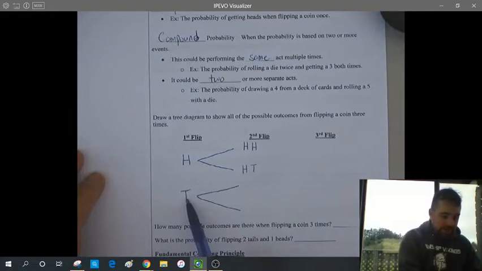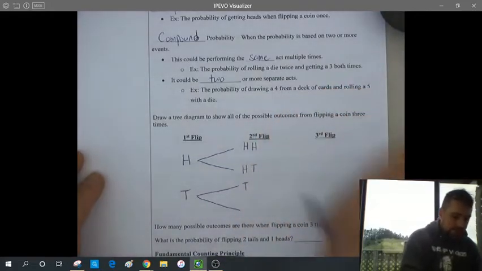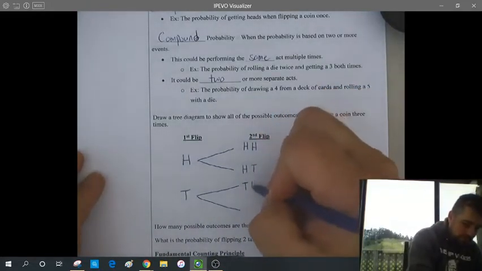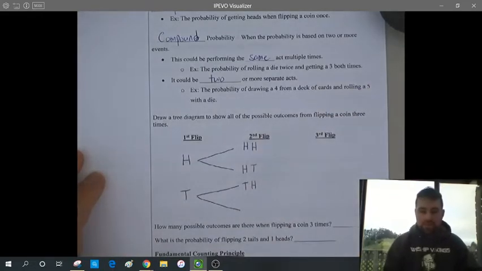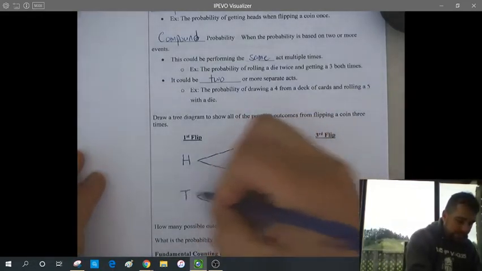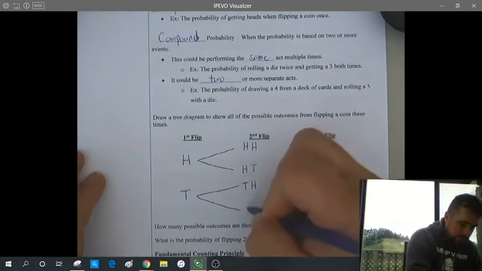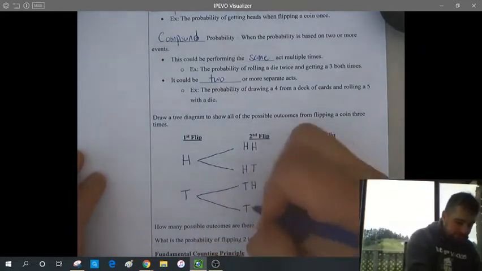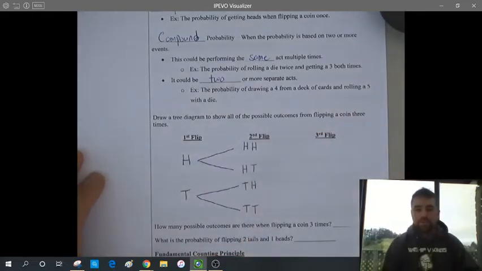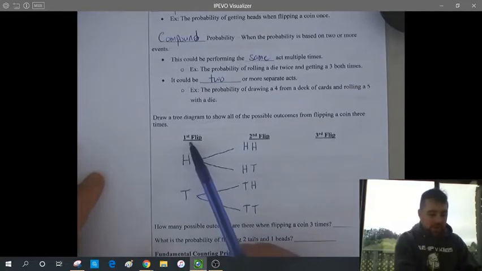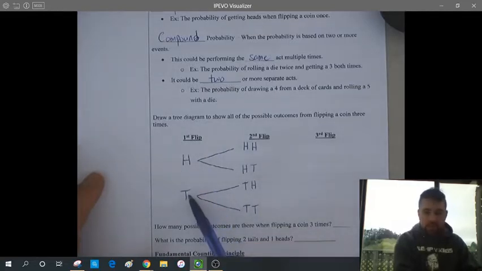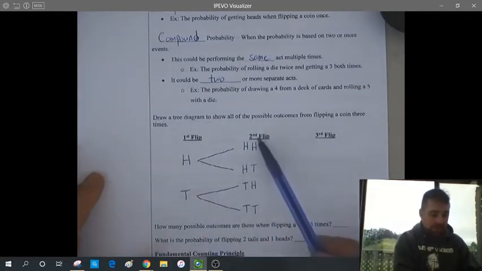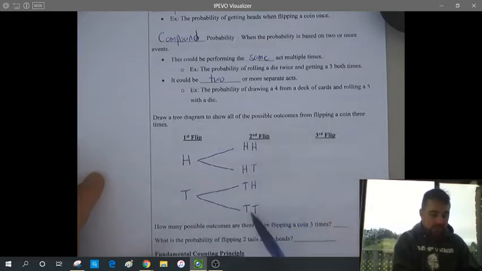And then for the tails, I could get tails in the first one, but then flip heads on the second. And then if I flipped tails on the first flip, I could also flip tails on the second. So notice now after flipping once, I had two outcomes. Now after flipping twice, there's actually 4 outcomes that I could have ended up with.